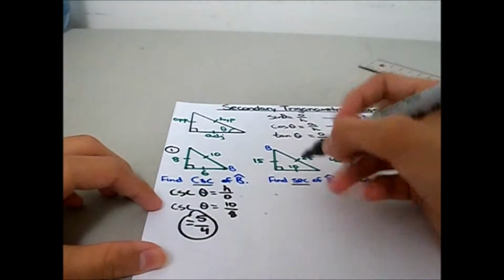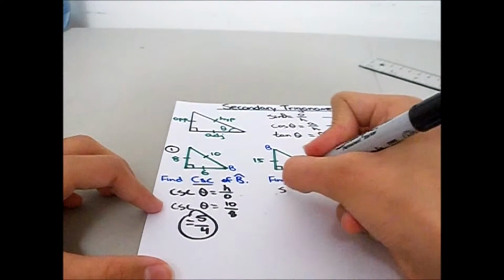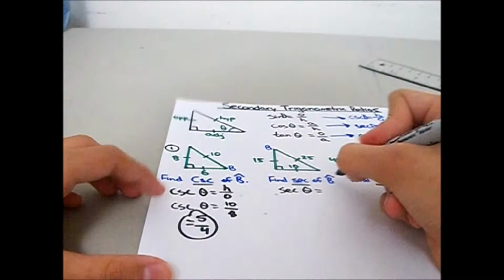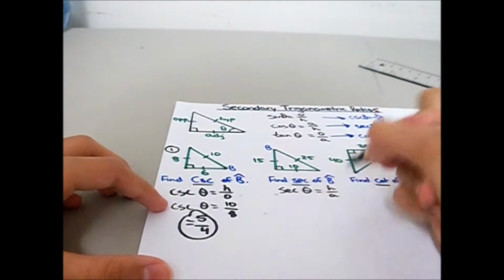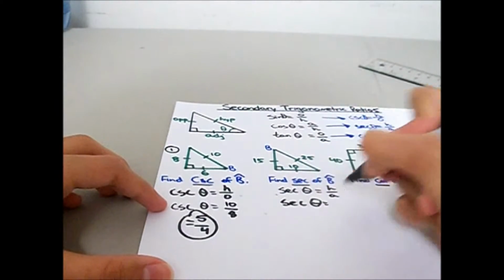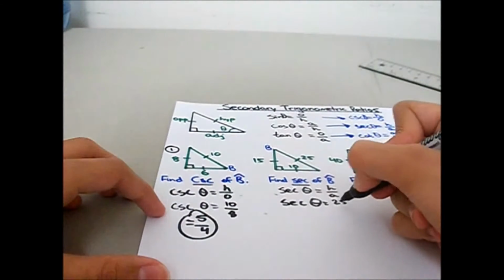The second one is find the secant of angle B. So I'm going to write secant of the angle is equal to hypotenuse over adjacent. The hypotenuse in our case is 25, since it's the longest side and opposite the right angle.